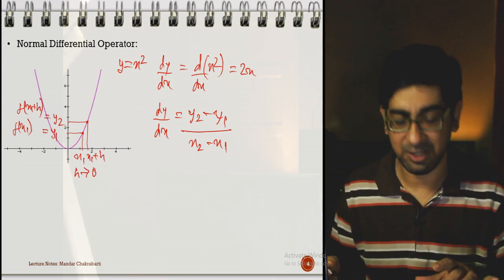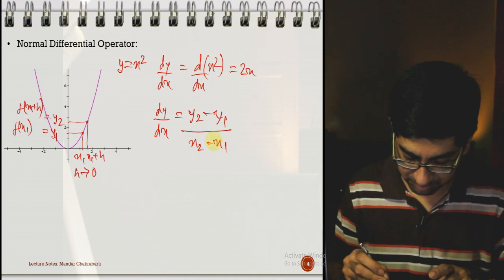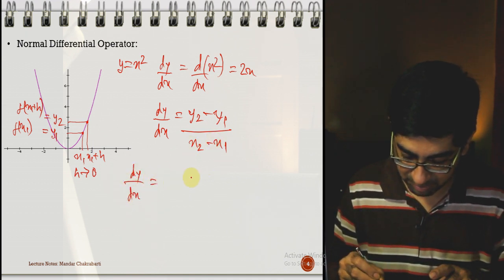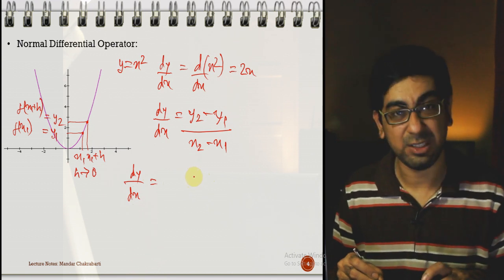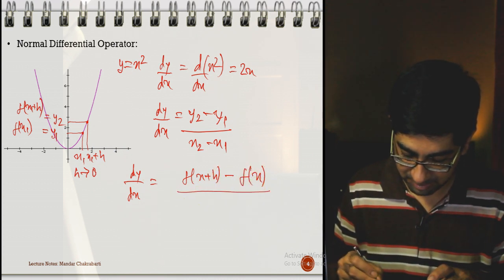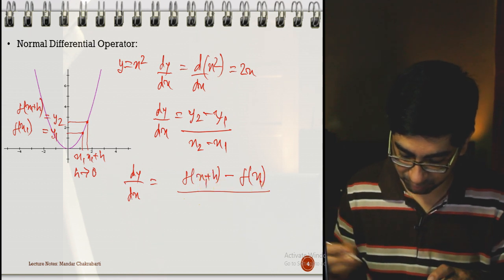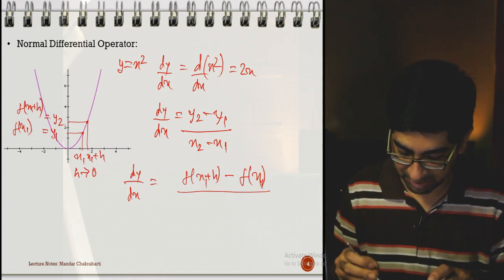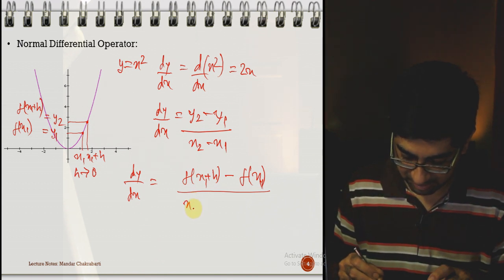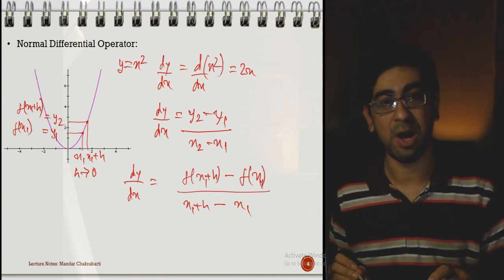So in our particular case, dy dx becomes y2, which is f of x plus h, minus f of x. x1 and x1, let me stick to the name that I've given, divided by x1 plus h minus x1.